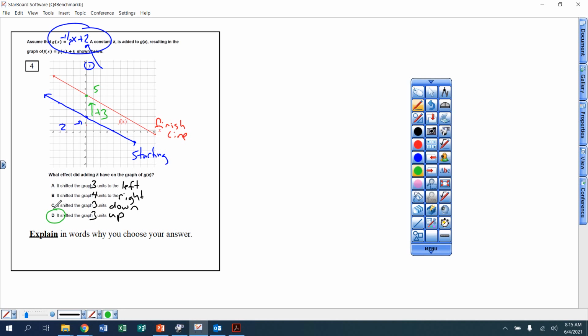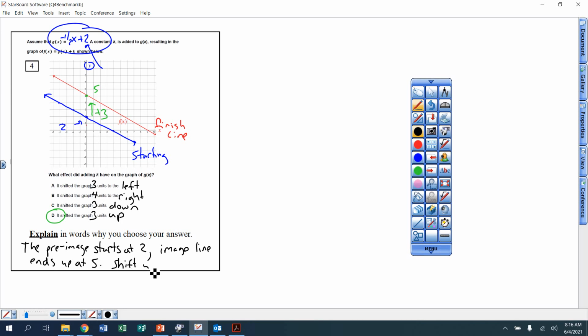And then if you had to explain that in words, that's what you would say. The original line, or you could say the pre-image line, starts at 2. Image line ends up at 5.